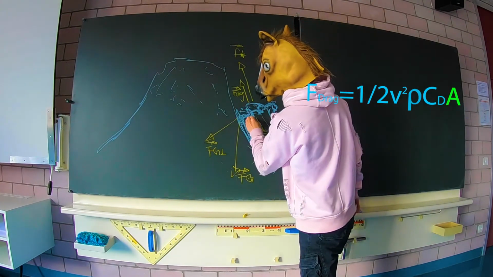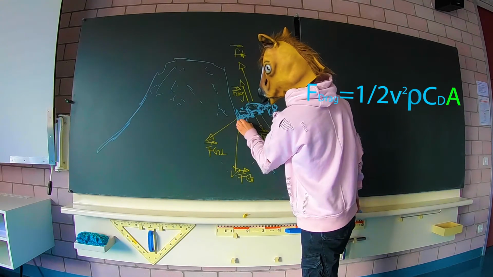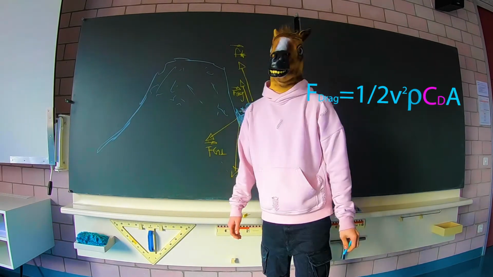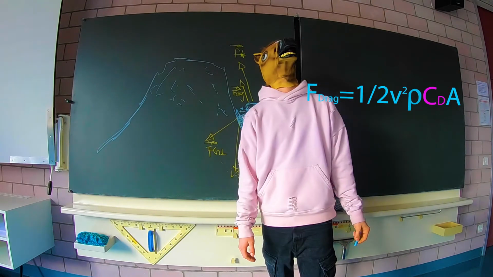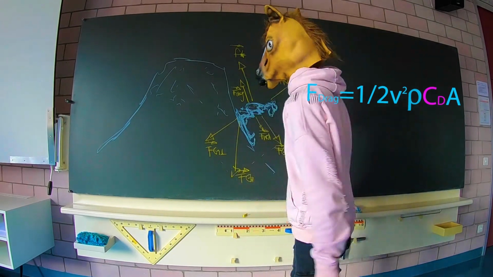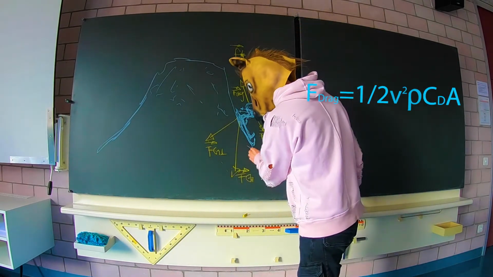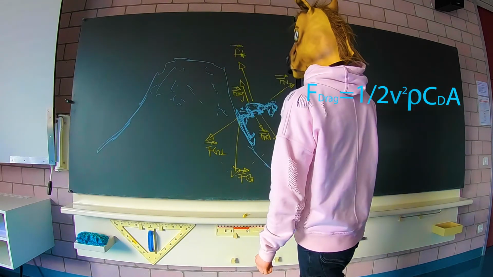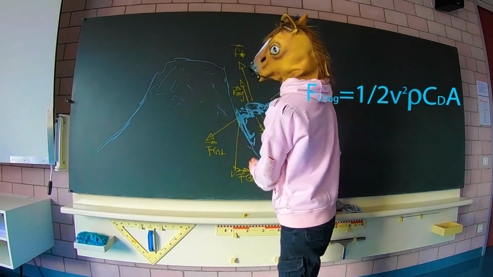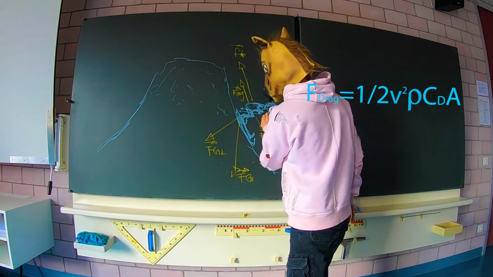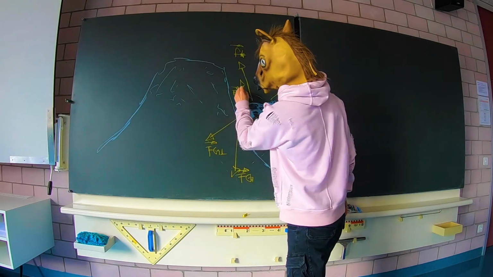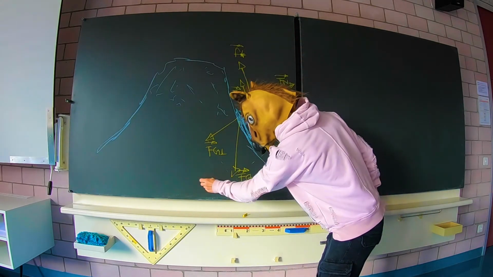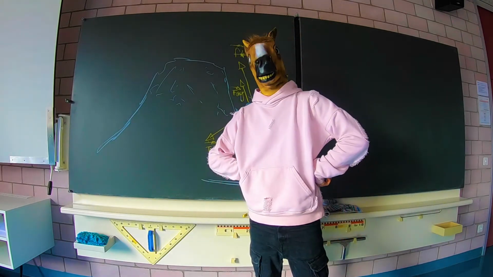The capital A is the area of the object, and CD is a number representing the shape of the object, and V is velocity. If you think about this formula, it makes sense because all these variables would have an effect on Mr. Sylvan. And now our scenario is truly complete, and Mr. Sylvan can ski on home.